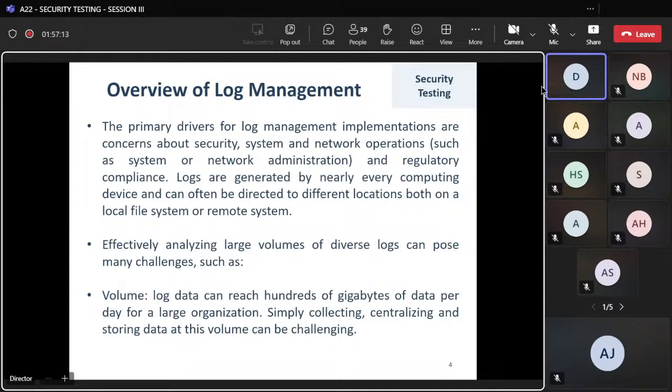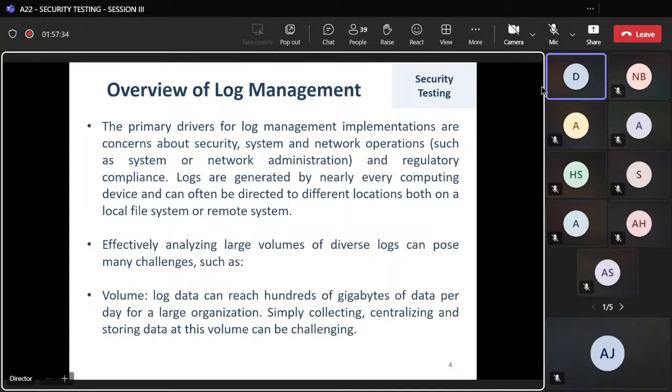The primary drivers for log management implementation are concerns about security, systems and network operations: what is really happening in the environment, the interesting traffic at that point of time, and the various events, to fulfill regulatory requirements.